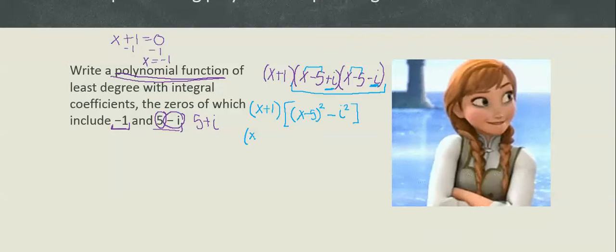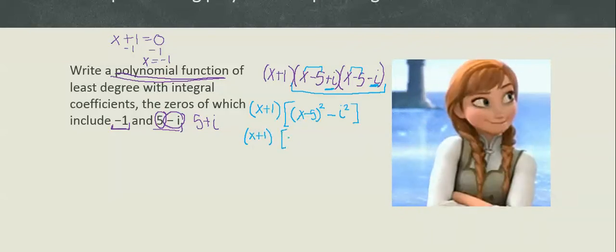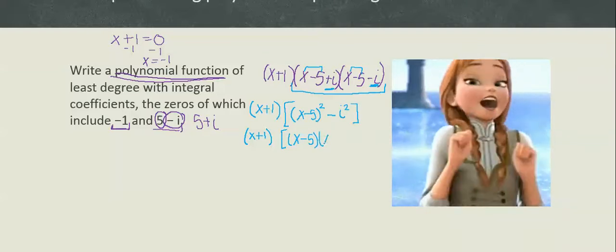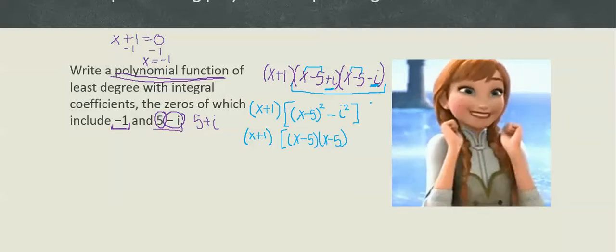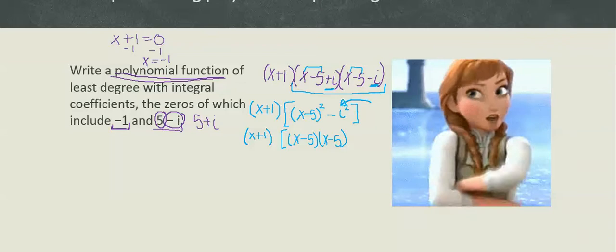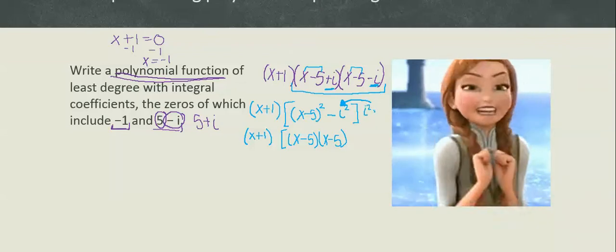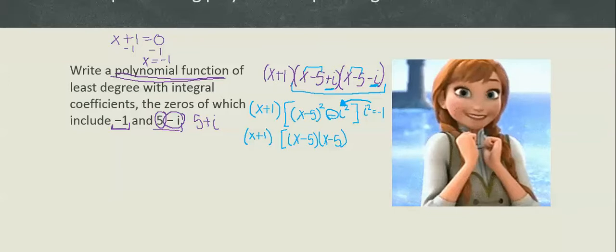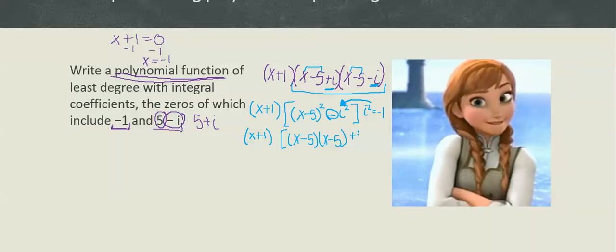I'm going to leave the x plus 1 alone, and I'm going to work with x minus 5 times x minus 5. Now this negative here, this i to the second, remember that i to the second is equal to -1. And we already have a negative in our formula. So negative times a -1 is going to give me plus 1 at the end.